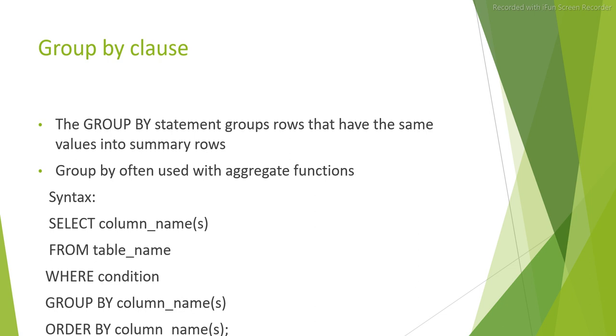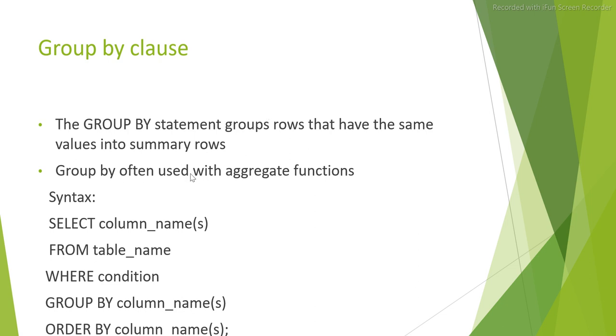The group by statement groups rows that have the same values into summary rows. Whichever rows we are selecting are called the summary rows. I will explain it once I show you the example, and then it will be clearer. For now, understand that it groups the data having the same value.